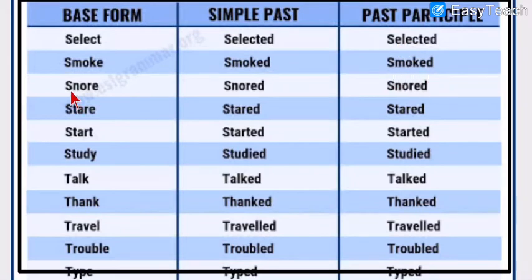Base form snore, snored, snored. Base form stare, stared, stared. Base form start, started, started. I hope, my dear students, you have started writing. See, I made one example with the word started.